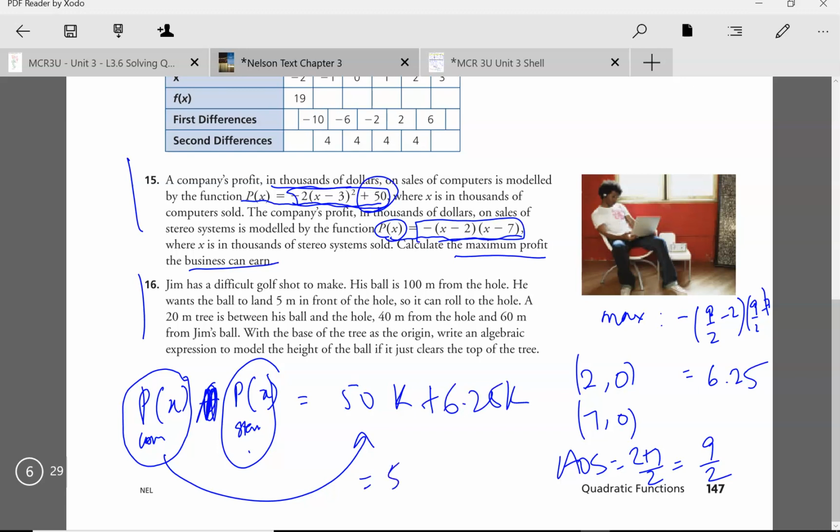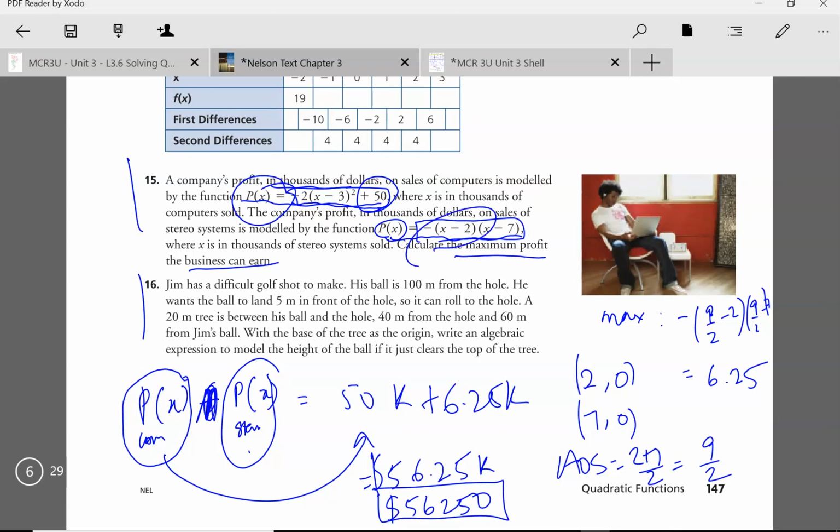So this maximum profit just turns out to be $56.25K, or $56,250, the maximum profit this company can earn, because the maximum profit is just the maximum profit of the computers plus the maximum profit of the stereo system.